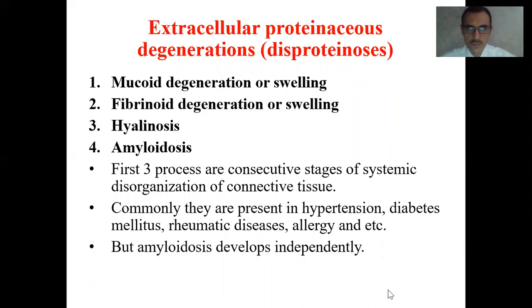Third, hyalinosis, and fourth, amyloidosis. The first three processes are the consecutive stages of systemic disorganization of connective tissue. They are commonly present in chronic hypertension, diabetes mellitus, rheumatic diseases, allergy, etc. But amyloidosis develops independently.